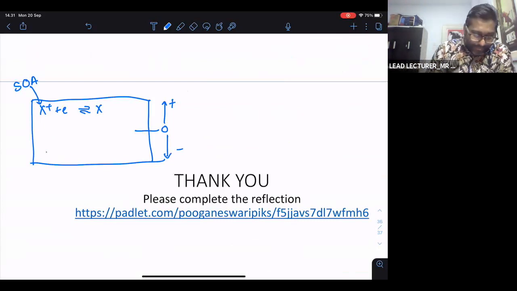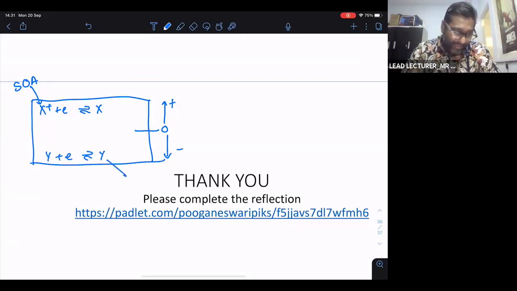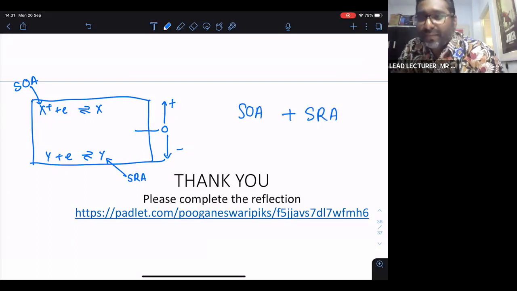If I have Y plus e to become Y over here, which is negative, I can say that this is going to be an SRA, strong reducing agent. And an SOA can really react with an SRA, so this one is feasible. So you can actually learn about that.